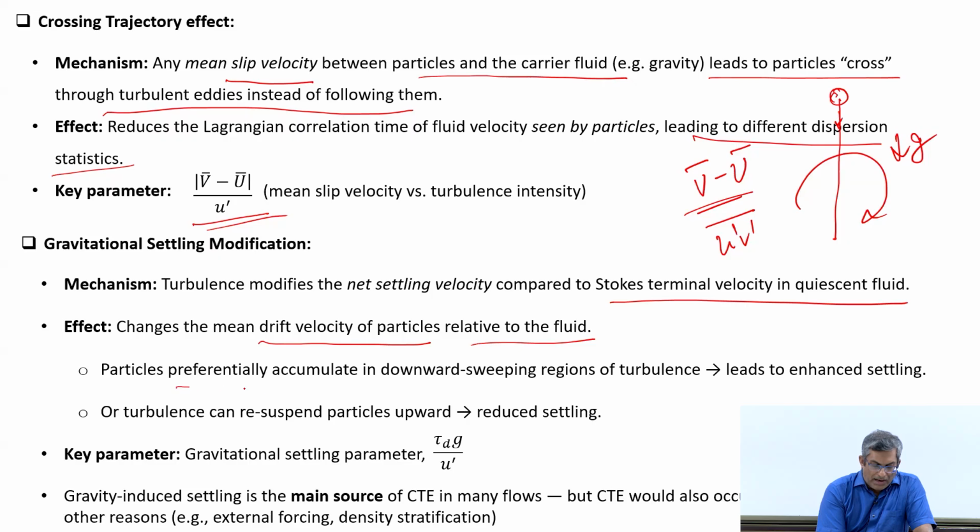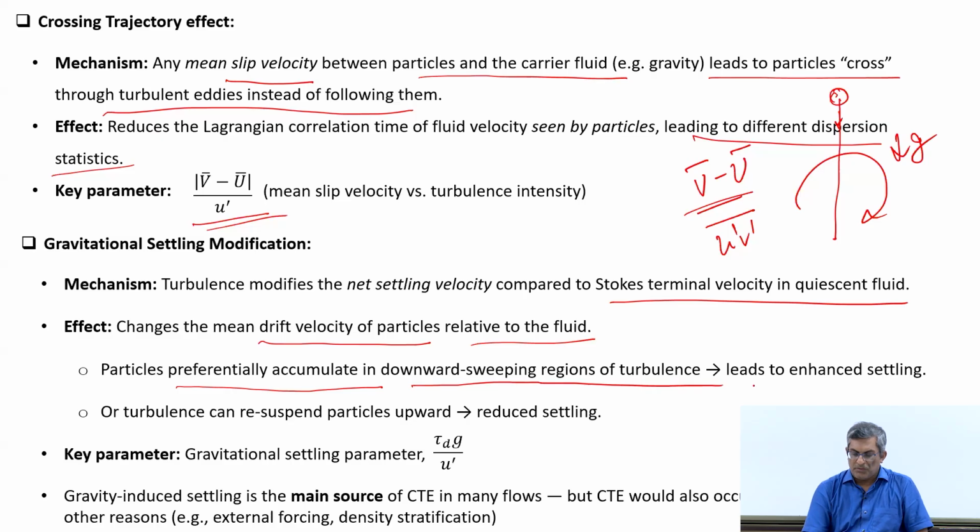Particles under the preferential accumulation effect are dragged downward through sweeping regions of turbulence, which leads to enhanced settling.